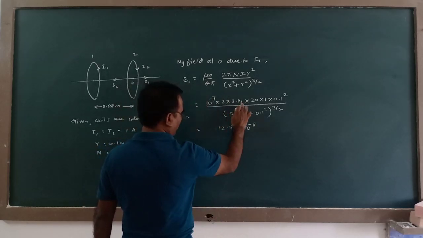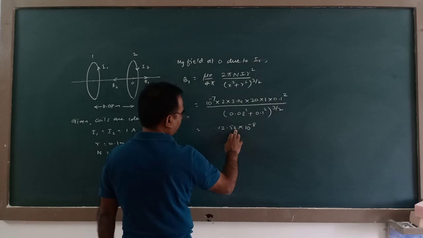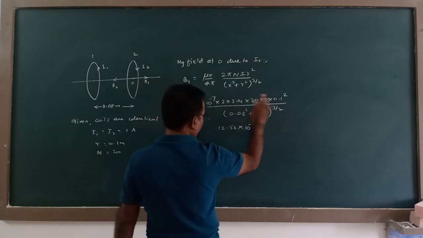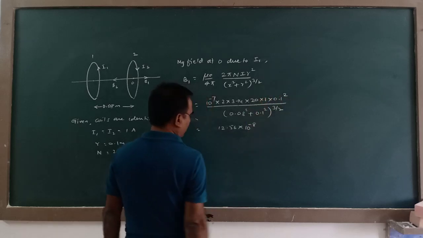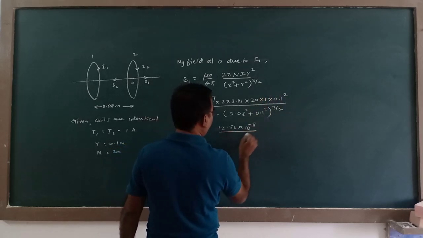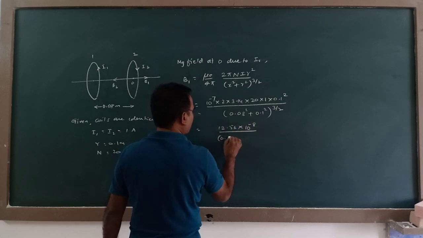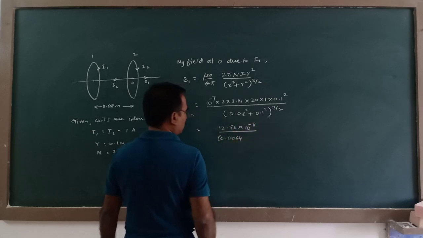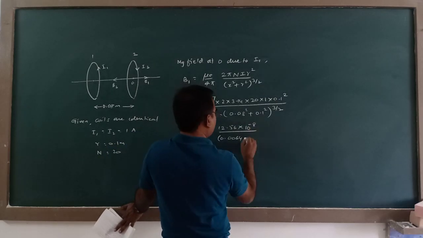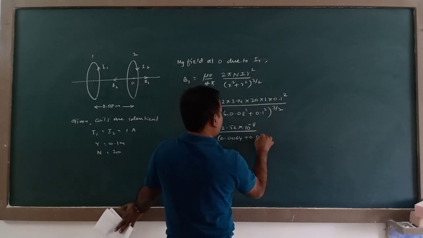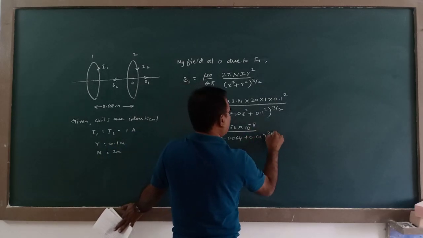So 4 into 3.14 is 12.56, and 10 to the power of minus 7, minus 9 and minus 8 divided by this 0.08 whole square, 0.0064, and this is 0.01 whole to the power of 3 by 2.